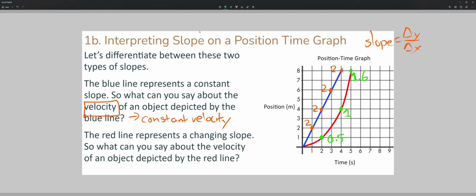So as you can see, you have a changing slope, and if we know that a slope on a position time graph gives you velocity, well, a changing slope means you have a changing velocity, which in physics terms means that you are accelerating, or you have an acceleration.